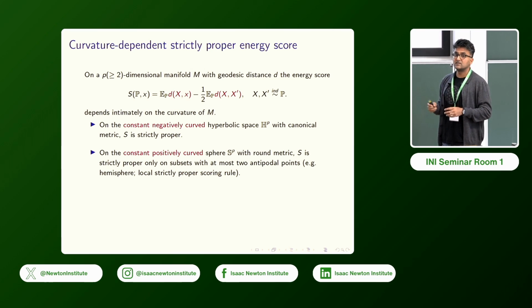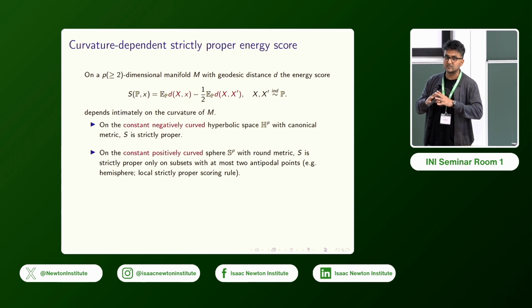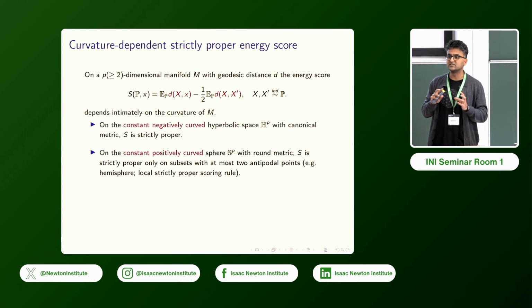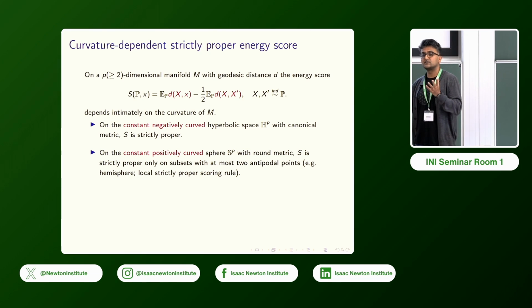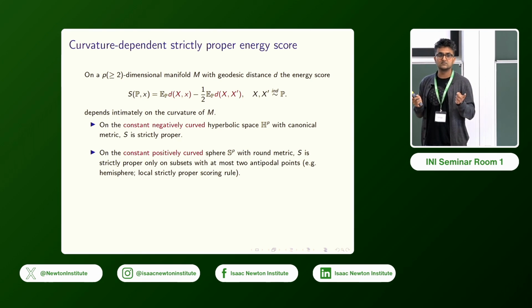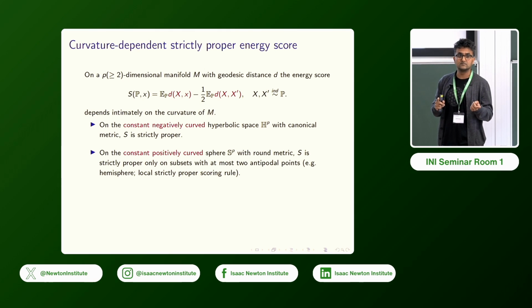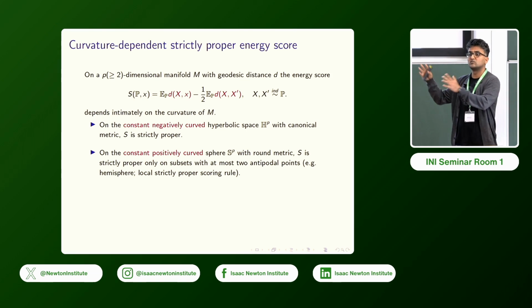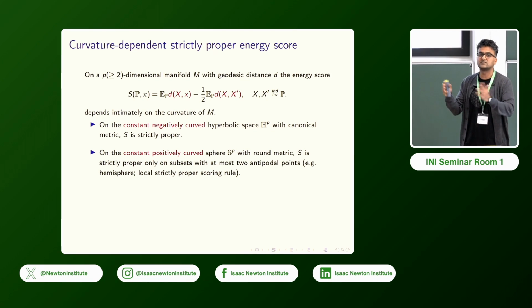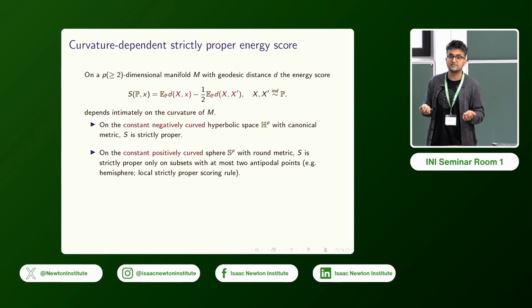But with positive curvature, you need some restrictions because positive curvature brings about some problems. You would have to restrict to a subset which contains at most 2 points which are antipodal to each other, meaning not a unique shortest geodesic between them. If you go outside of this set, then it's not strictly proper, basically.